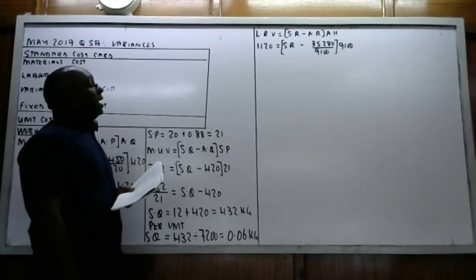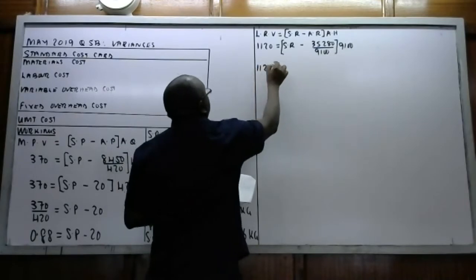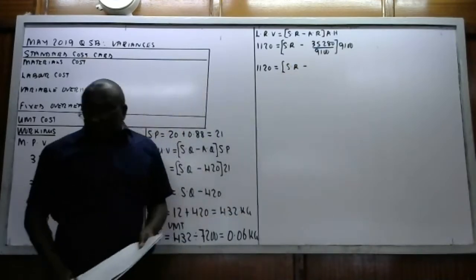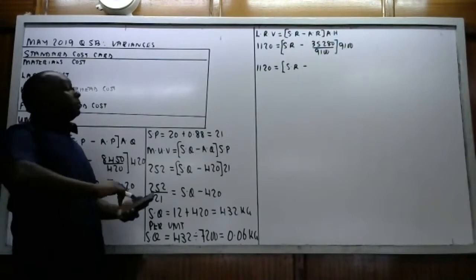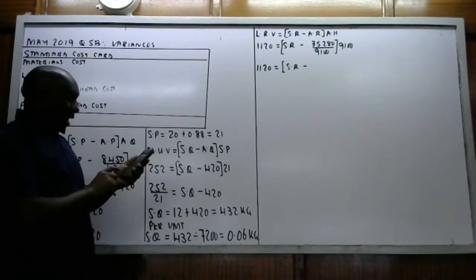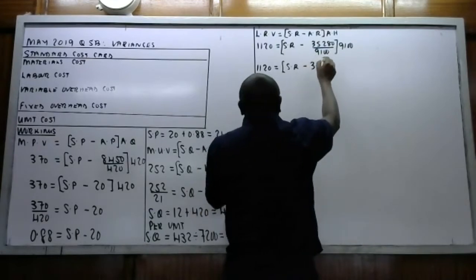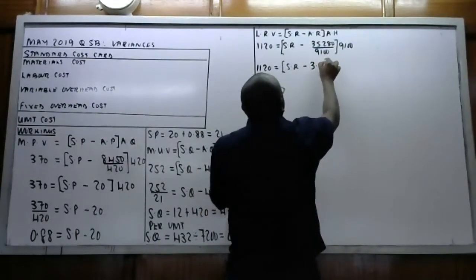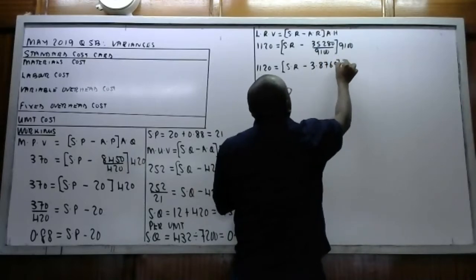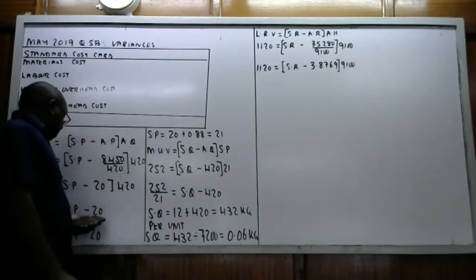So you multiply by the actual hours. So this changes to 1,120 being equal to standard rate minus the actual rate, 35,280 divided by 9,100, which is 3.8769. When we use those decimals, they don't stop.